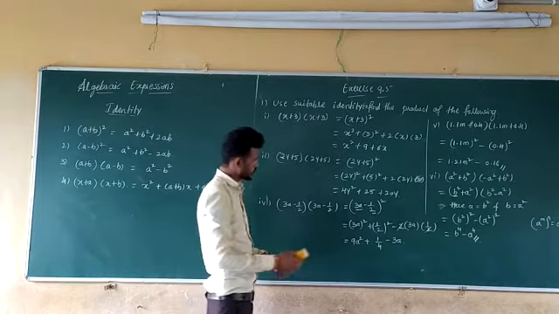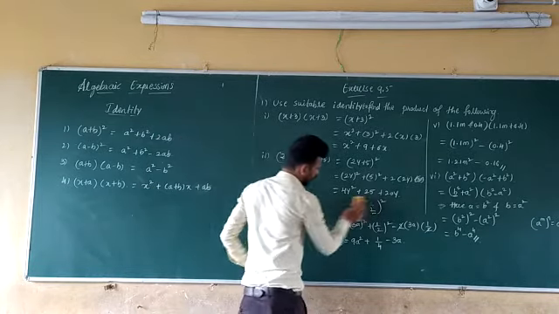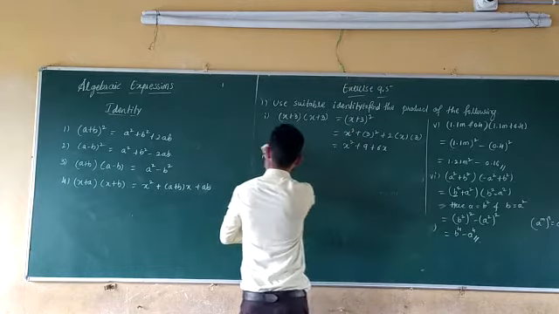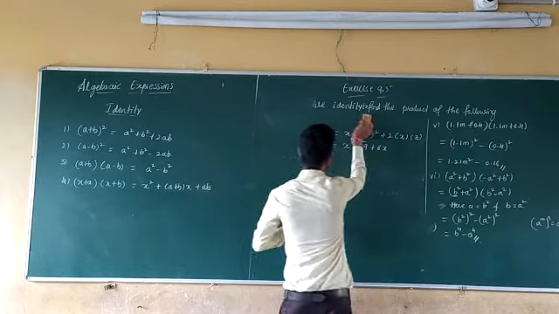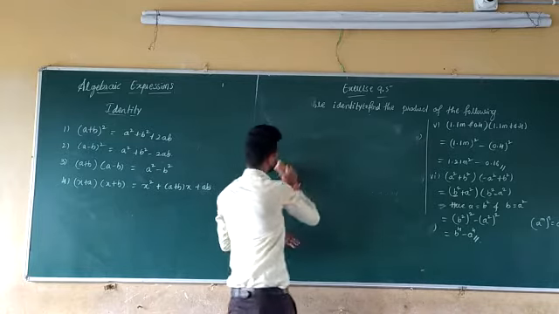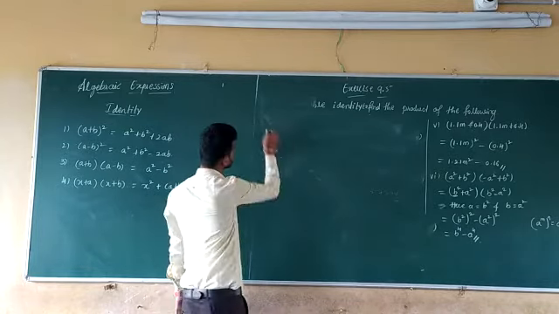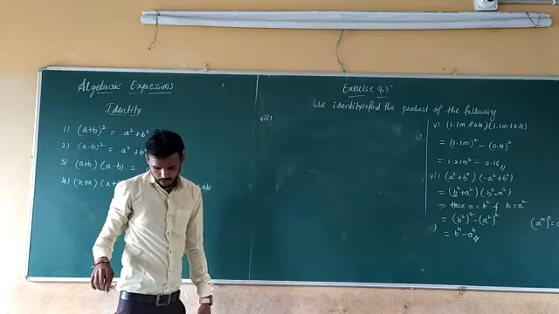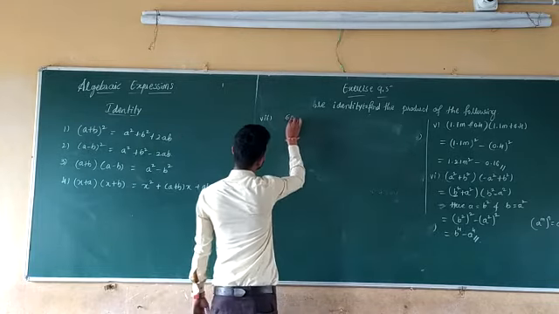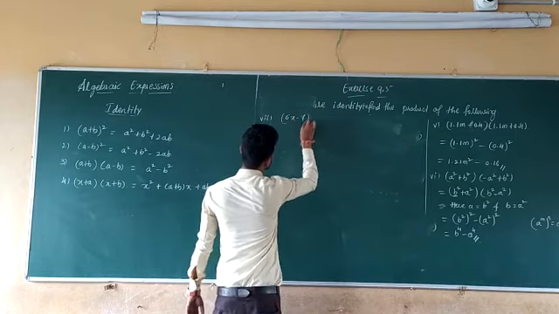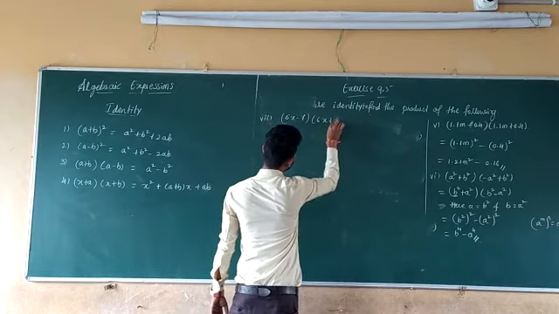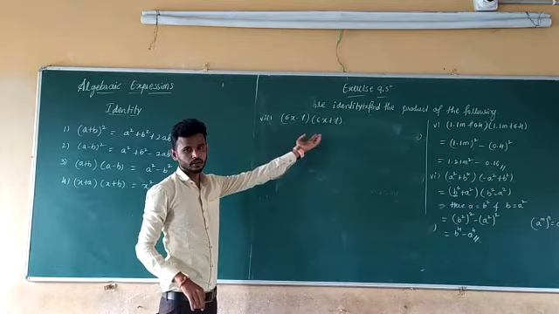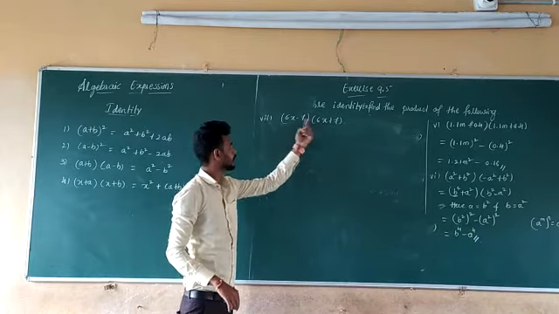Similarly, the seventh question by using the third identity. The seventh question is 6x minus 7 into 6x plus 7. So directly it is of the third identity a plus b into a minus b.